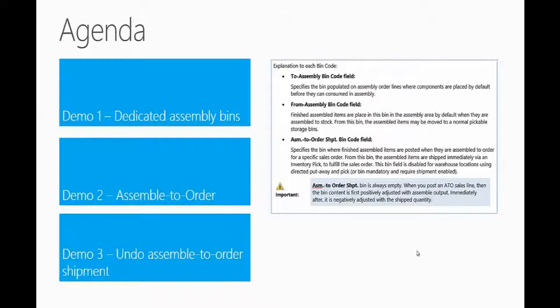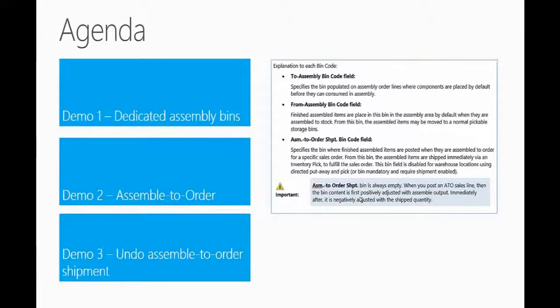The from assembly bin is where assembled items are normally placed by default when they are assembled to stock. And the final assembly to order shipment bin is only enabled for locations not set up to be direct put away and pick. So for example, inventory pick and put away. Now this demo script will cover a location with direct put away and pick, so we'll not be touching the third bin type.